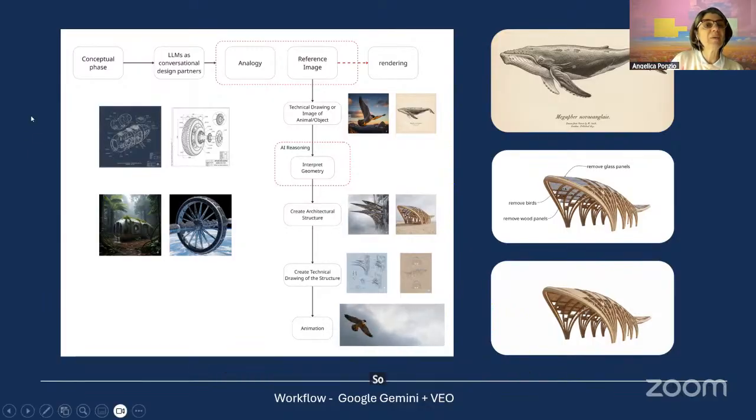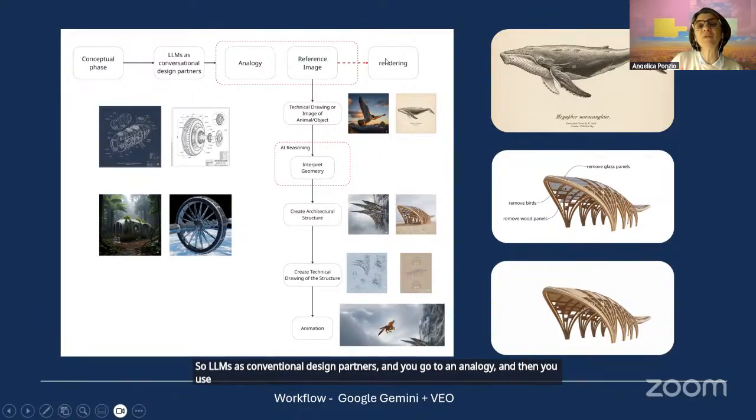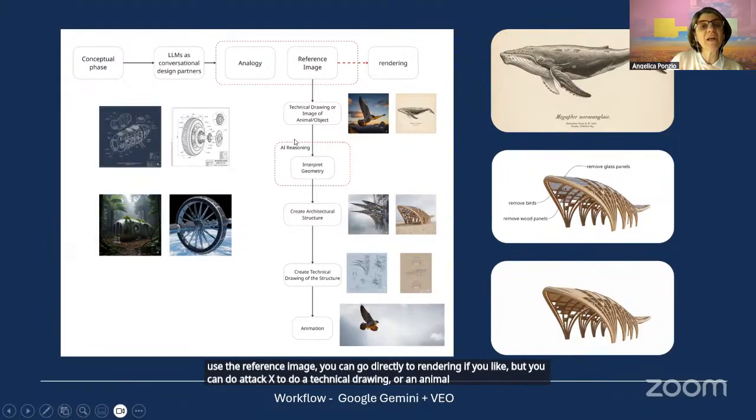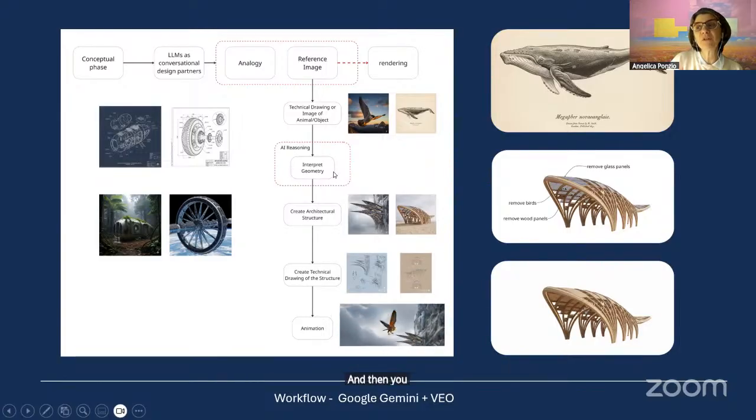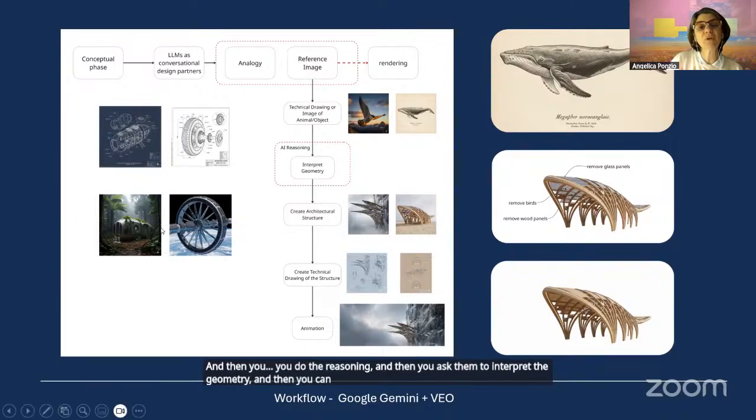So I put this pipeline from the conceptual phase. LLMs as conversational design partners, and you go to an analogy, and then you use the reference image. You can go directly to rendering if you like, but you can do a technical drawing or an animal or an object, and then you do the reasoning, and then you ask them to interpret the geometry, and then you can input your architectural objective or a subject, or a pavilion or a building.